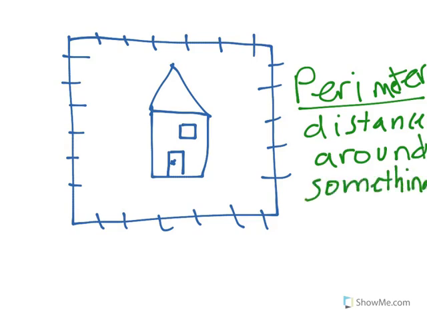So you could have a perimeter in your bedroom. That would be all the walls, the very edges of your bedroom, or the very edges of your living room. That's kind of what's used to measure distance around.